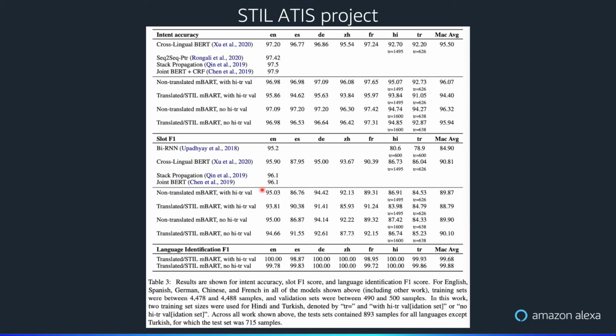So it's interesting to see that we're not too far away from the monolingual systems, but really a more fair comparison would be to Zhu's system, which also supports multiple languages.